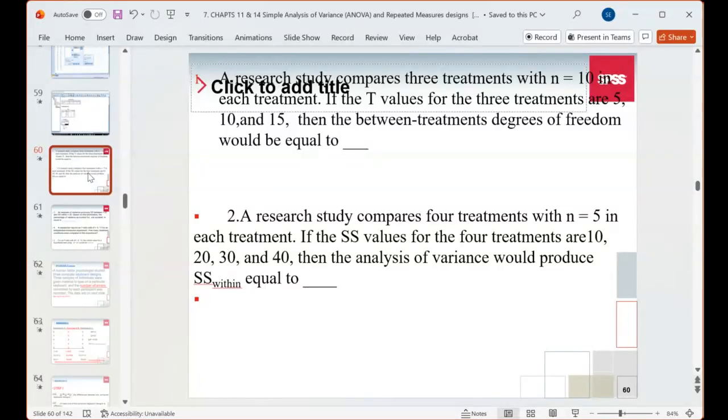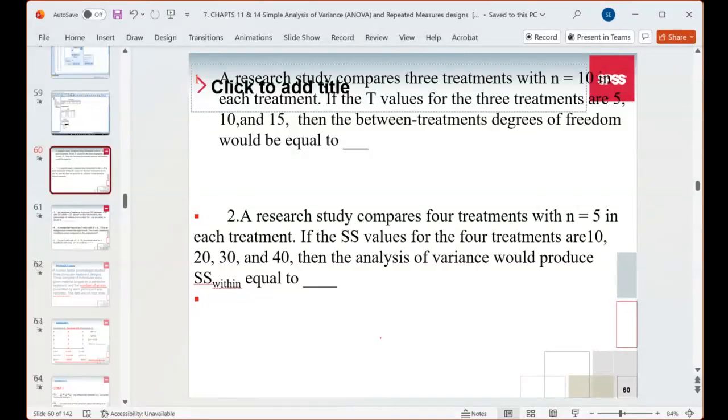Say, what is degree of freedom between treatment? DF is N minus K. So with 3 treatments, capital N is 30, and K is 3. 30 minus 3, it's that simple. If you understand the concept, these are really easy if you want to do it.